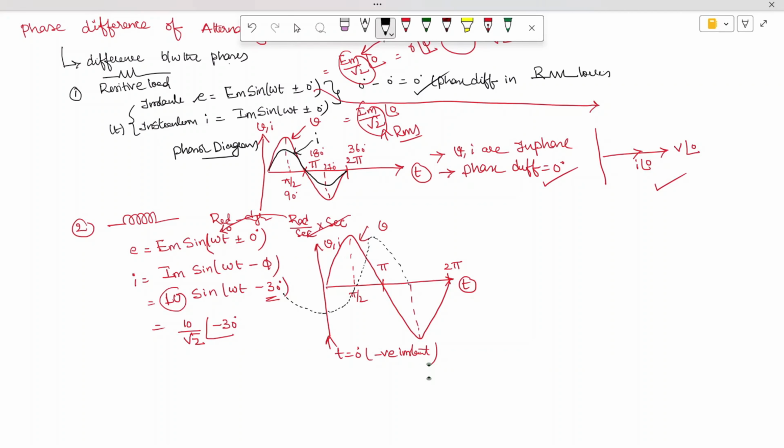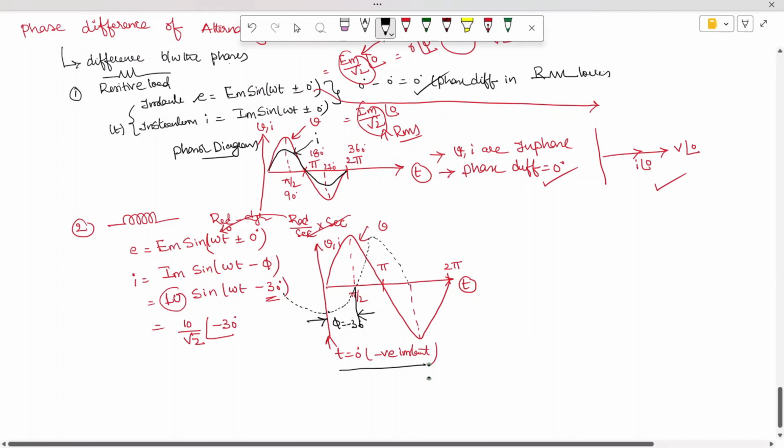Now here you can see the angle provided is how much? Phi is equal to minus 30 degrees. Therefore, at t equal to 0 it has a negative instant, with an angle of minus 30.